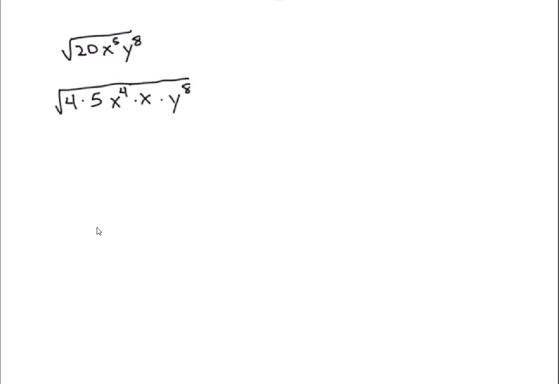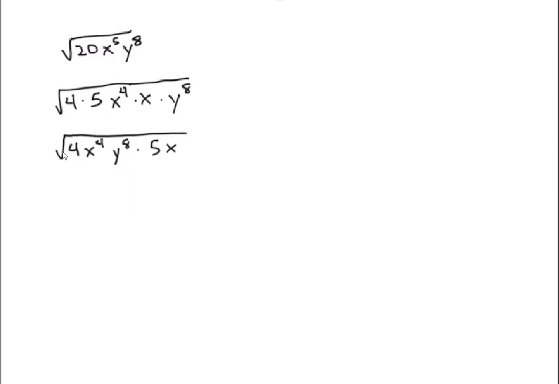We can leave it. And so now we have it broken up like this. And then the 4, the x to the fourth, and the y to the eighth are our perfect squares. Let me move those to the front so we can see this. Now, you don't have to take as many steps to do these problems, but this is the process that we're going through. So it's going to be 4x to the fourth, y to the eighth, times 5x.